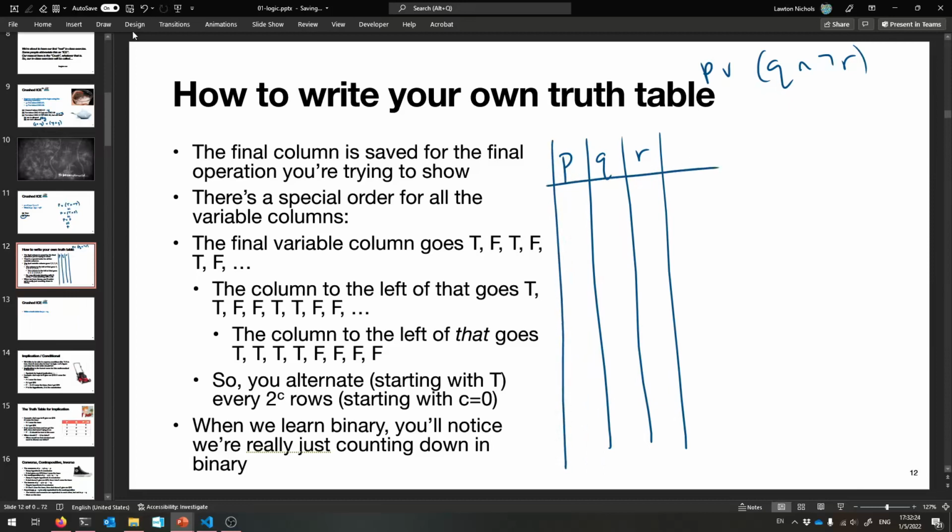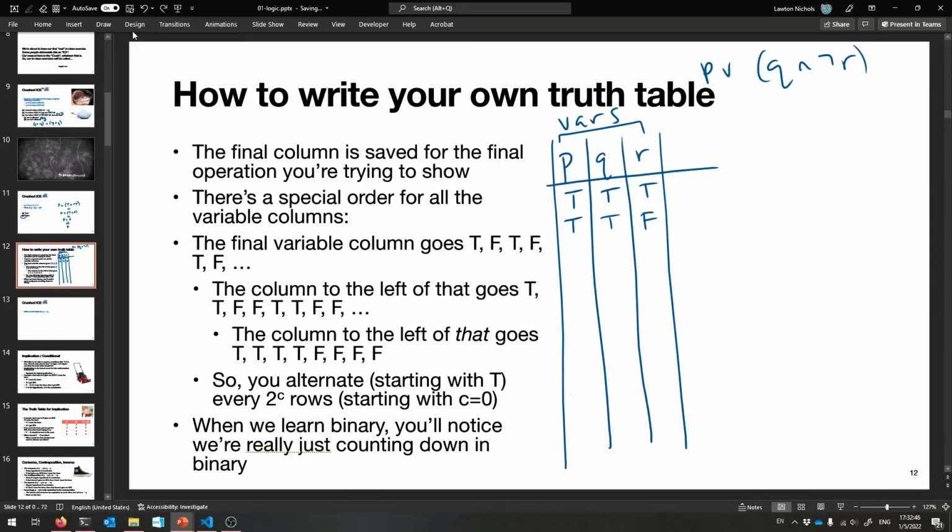That's P, Q, and R. So the first things that you write are your variables. All of those go first. And then you give all the possibilities for their combinations, right? So P, Q, and R could all be true, for example, or maybe P and Q are true, but R is false. All of these possibilities are fair game, so you have to try all of them. You have to write all of them.